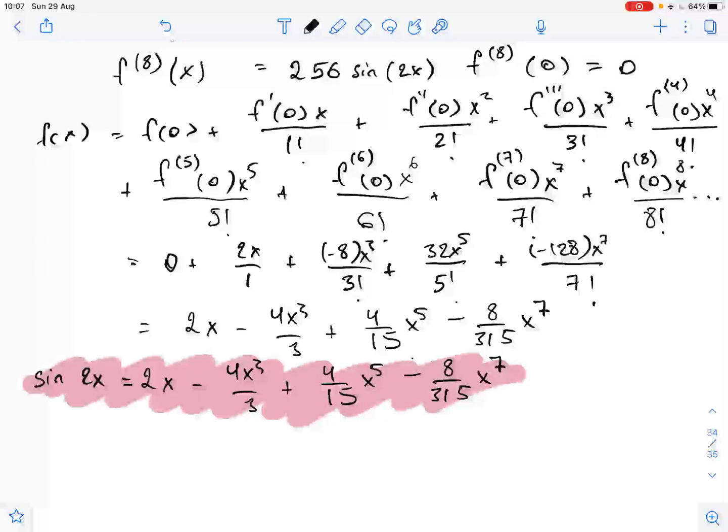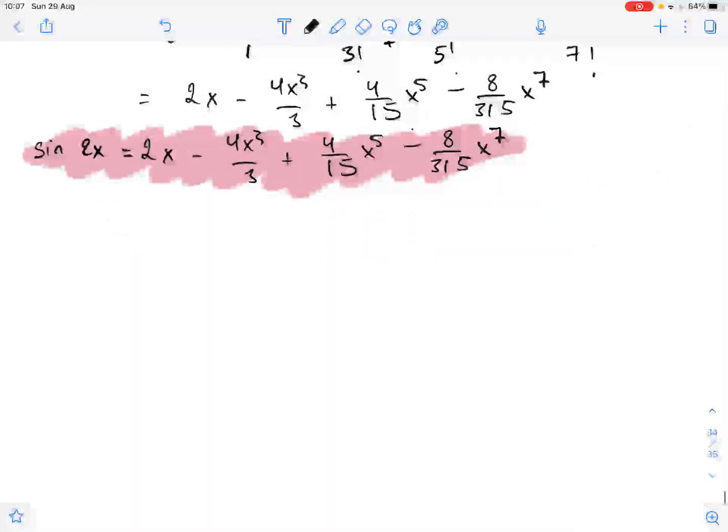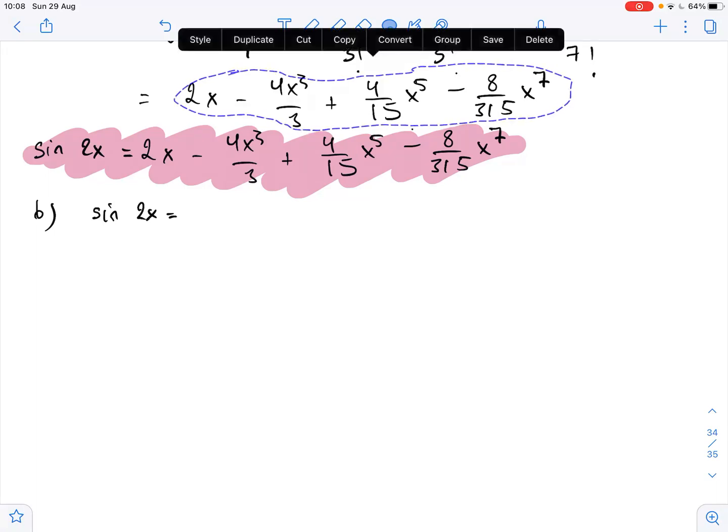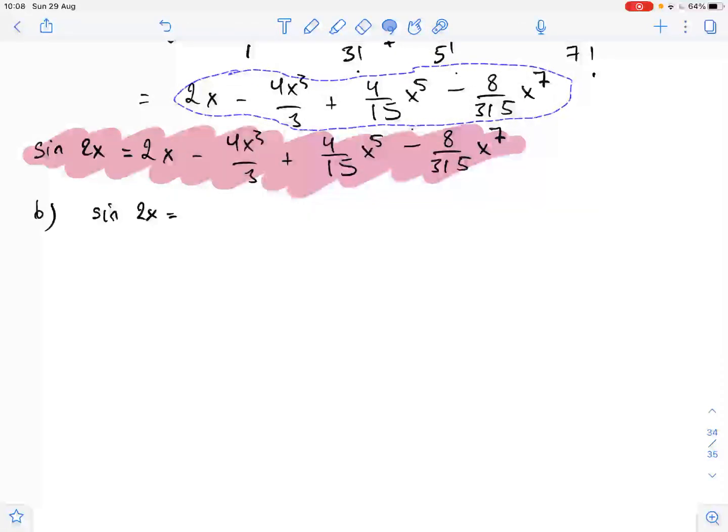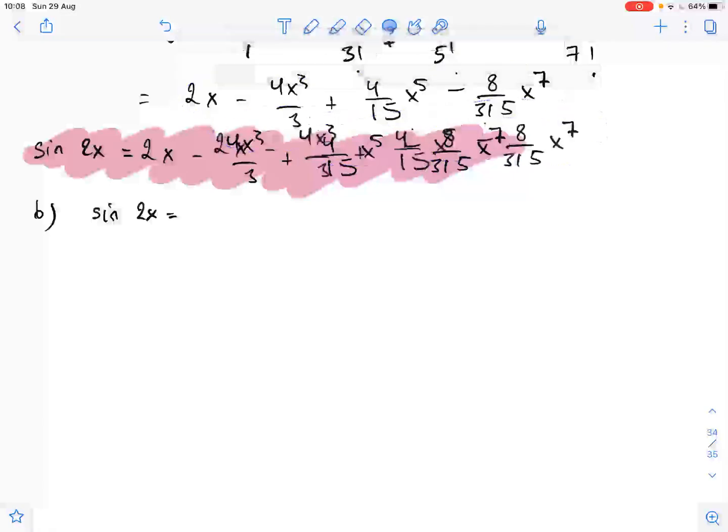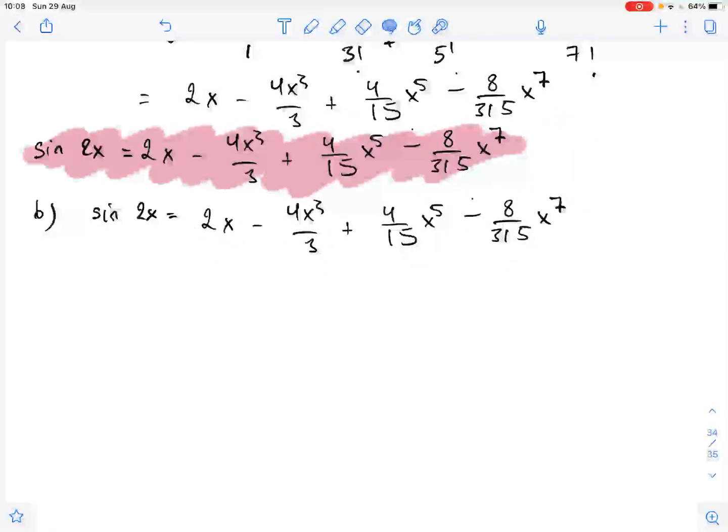Let me highlight this here. Well, now let's do part B. Here we need to replace x by 2x, and evaluate the series for sine of 4x. So sine of 2x equals this expression which we have just found.